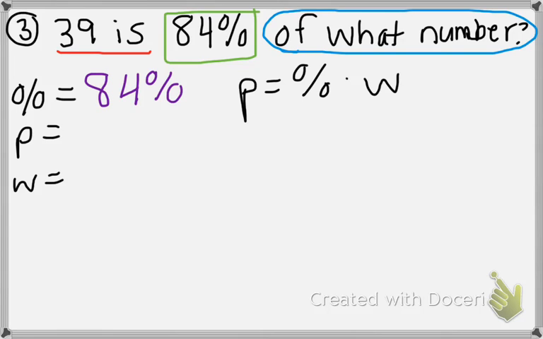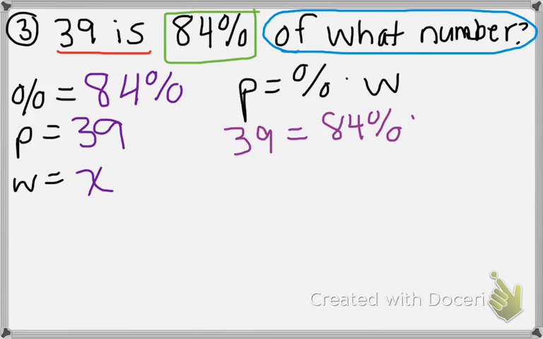Part, we're looking for is. 39 is 39. Whole, we're looking for the word of. Of what number? Do we know? No, so we're going to put in X. Now let's fill in. We know the part is 39. 39 equals percent, 84%, and remember, we have to change that, times X, because the whole is X.